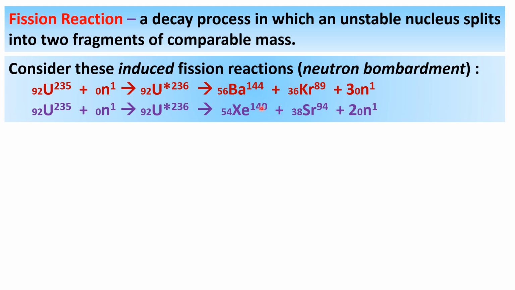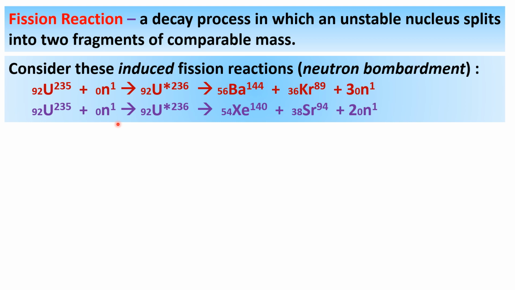Another isotope, the more commonly available uranium-238, cannot be split if the neutrons are slow moving.